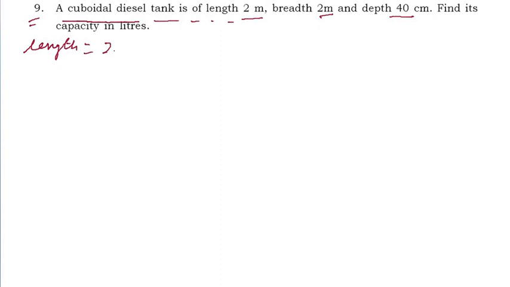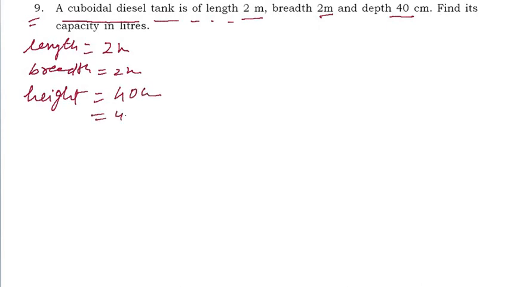Length is given as 2 meters and breadth is given as 2 meter also, and the depth, that is the height, is given as 40 centimeter. 40 change into meter, so 40 divided by 100, so 0 cancels out, 4 upon 10, so it will be 0.4 meter.